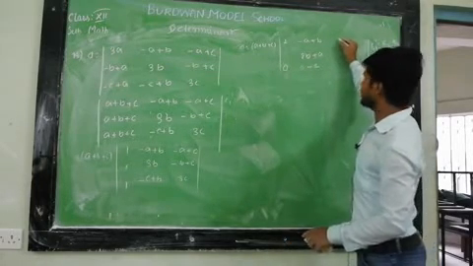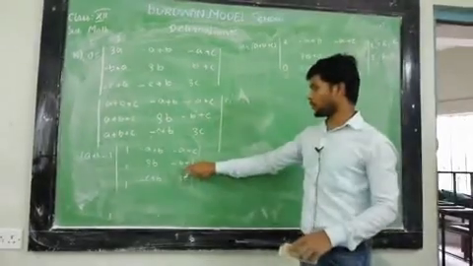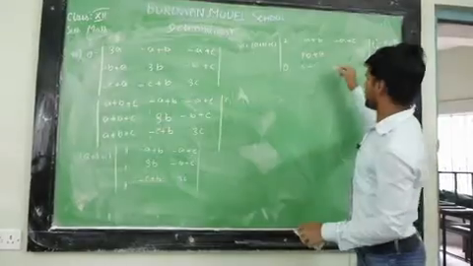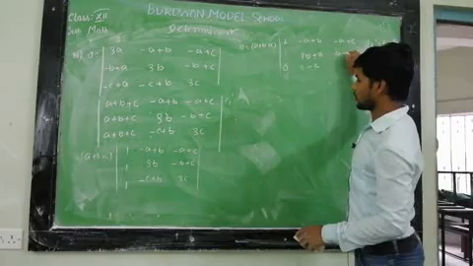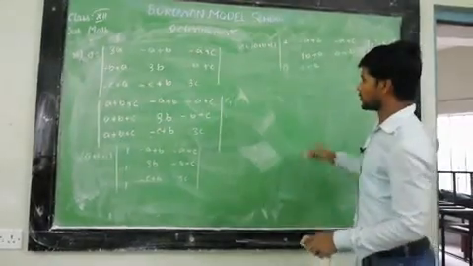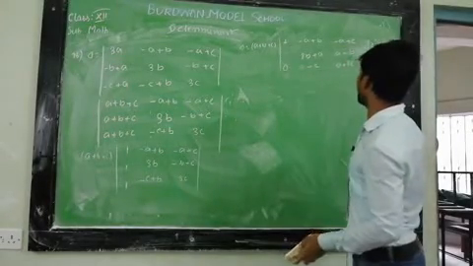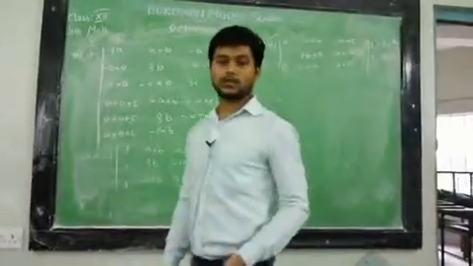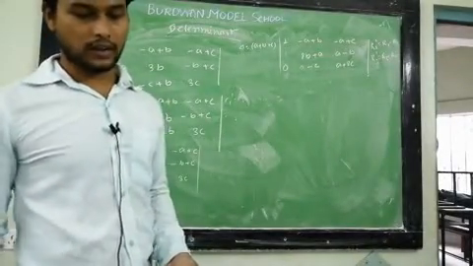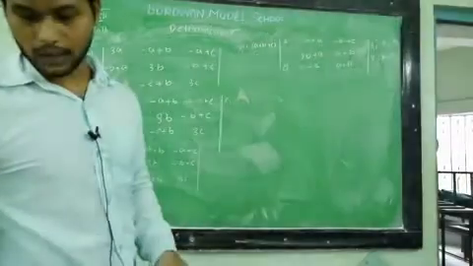This entry will be minus of a plus c plus... so a minus b, and 3c minus of this, so a plus 2c. So if we apply this operation, the value of the determinant will be up to this.